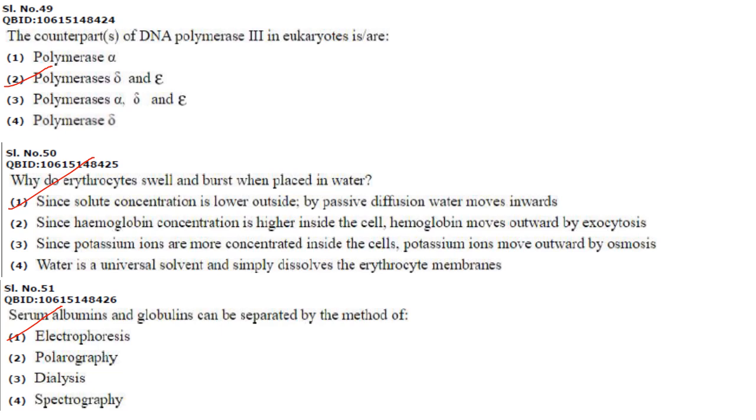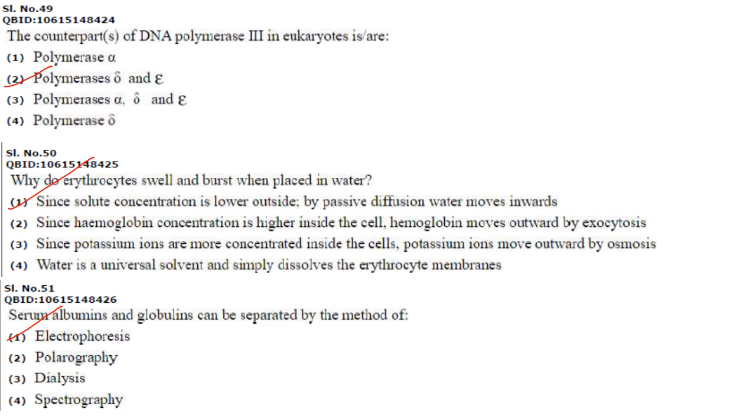Then next one, the counterparts of DNA polymerase 3 in eukaryotes is or are, so they are polymerase delta and epsilon. Answer is option 2. Why do erythrocytes swell and burst when placed in water? Since solute concentration is lower outside, by passive diffusion water moves inwards. That itself is the right answer.